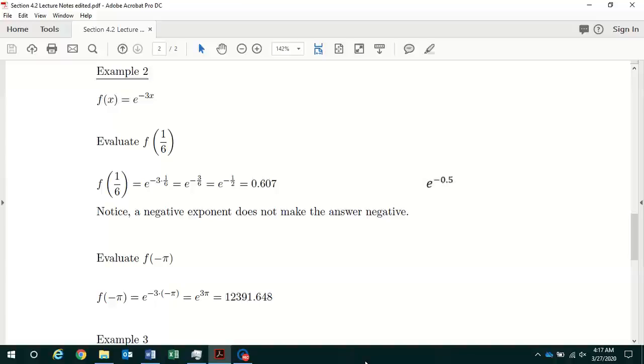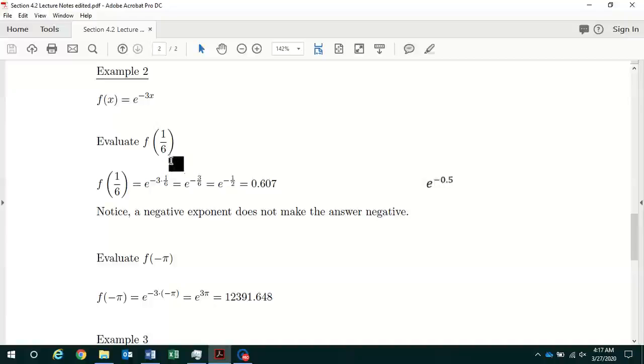Class, in this video, we continue our discussion of section 4.2 in your textbook on the natural exponential function. At the top of page 2 of your lecture handout, we have the function f of x is equal to e to the minus 3x power, and we want to evaluate this function at x equals 1/6.